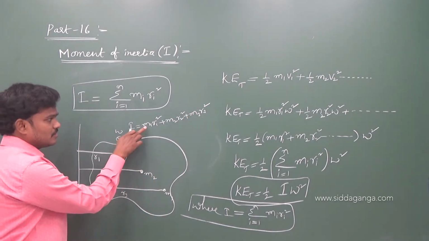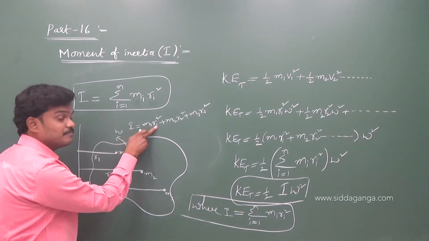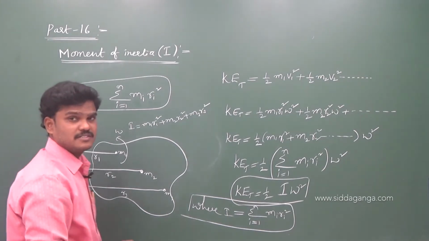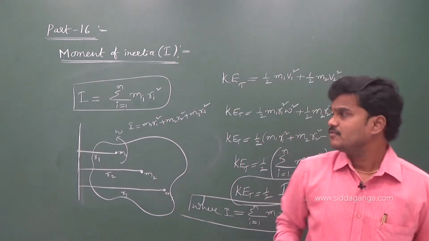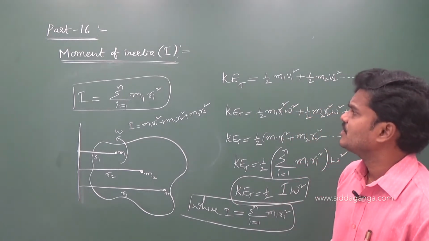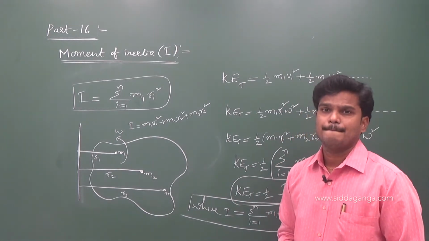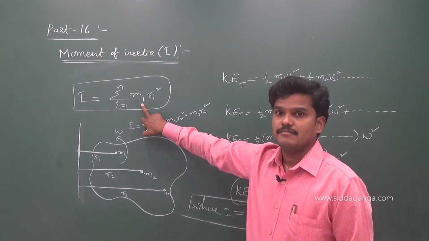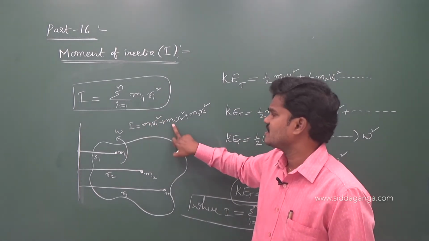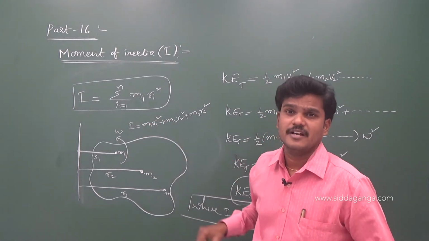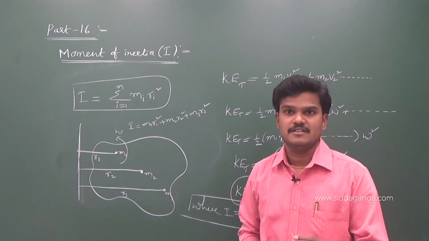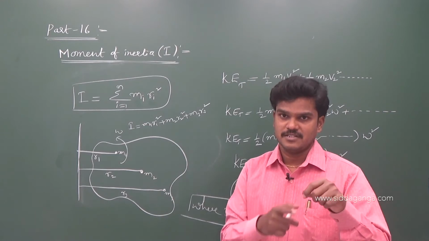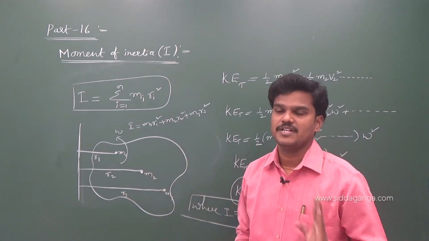So the product of individual mass and their perpendicular distance, from where? From the axis of rotation. So keep in mind, the moment of inertia of a rigid body is the product of the mass of the individual particles and their perpendicular distances from the axis of rotation.